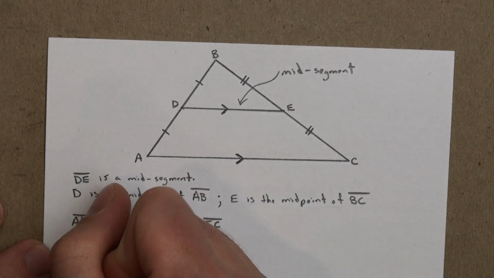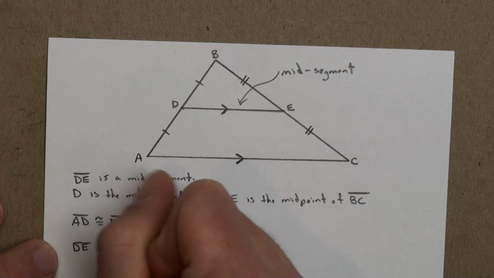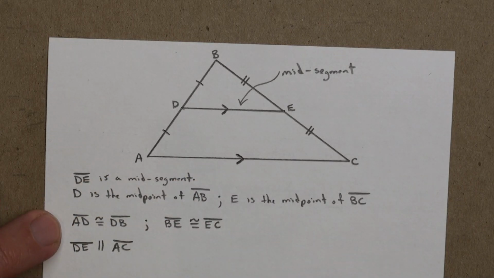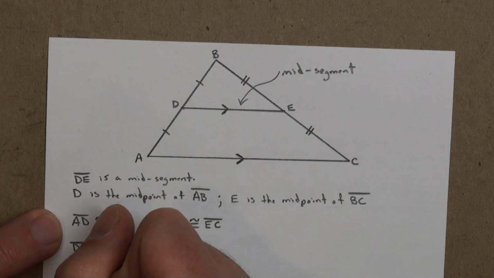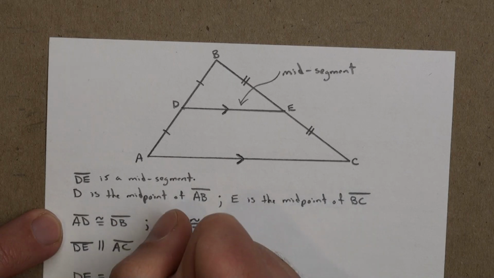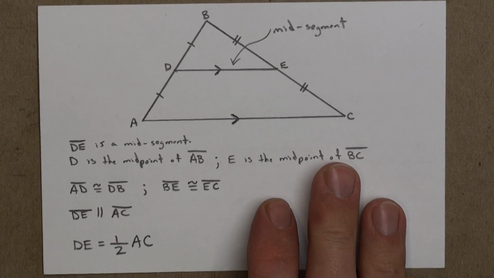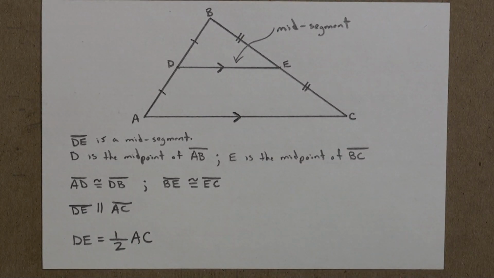It also means that DE is parallel to AC, and it means that DE is 1/2 the length of AC. Okay? And that's about it for mid-segment. Let me just double check. And that's about it for mid-segment.